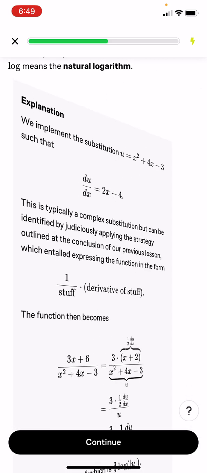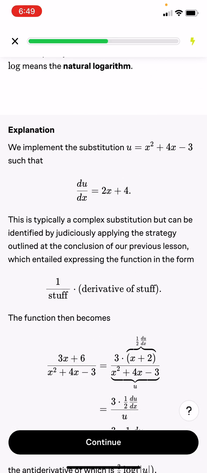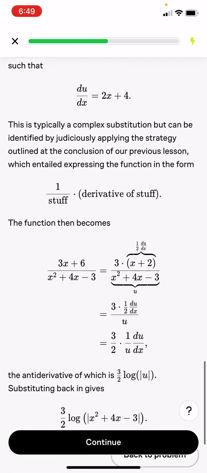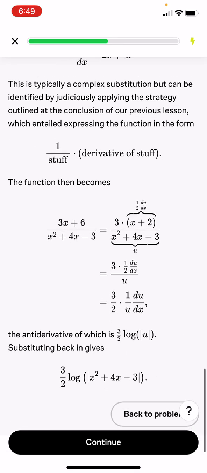Okay, good. We've implemented the substitution of u equals x squared plus 4x minus 3, such that the derivative of u divided by the derivative of x equals 2x plus 4. This is typically a complex substitution, but it can be identified by judiciously applying the strategy outlined at the conclusion of our previous lesson, which entailed expressing the function in the form of 1 over something times the derivative of something.